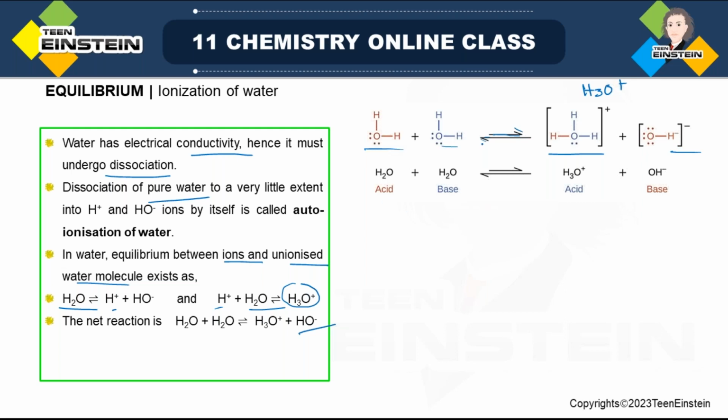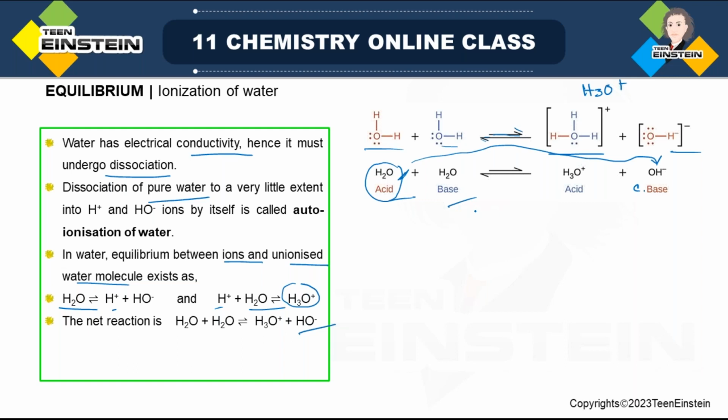Here all the bonds are shown, but if we simply consider this equation, it is like this. One water molecule is behaving as an acid because it is donating a proton. When this H2O molecule donates a proton, it is converted to HO-. Here it is written base, but actually it is the conjugate base of H2O. And the second water molecule has captured the H+ donated by the first water.